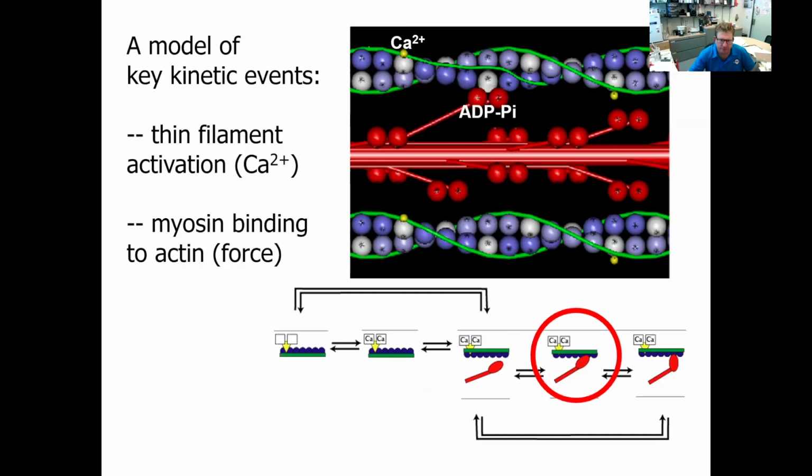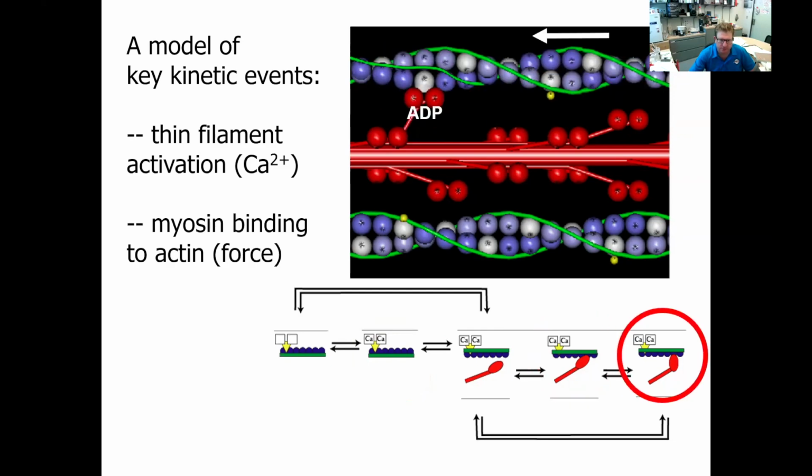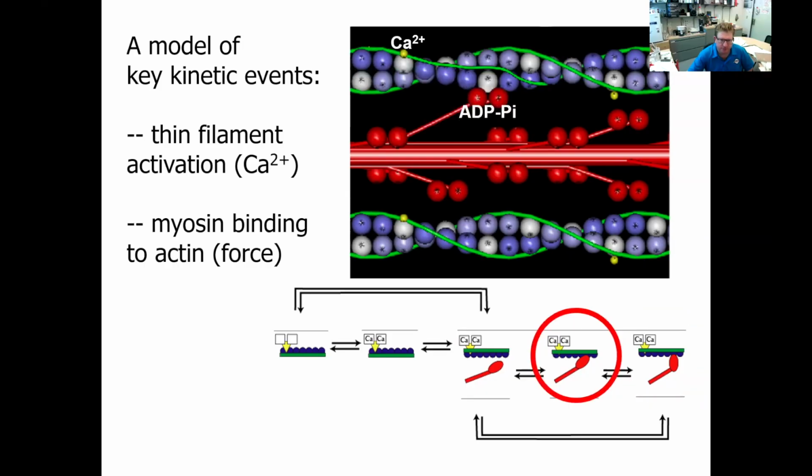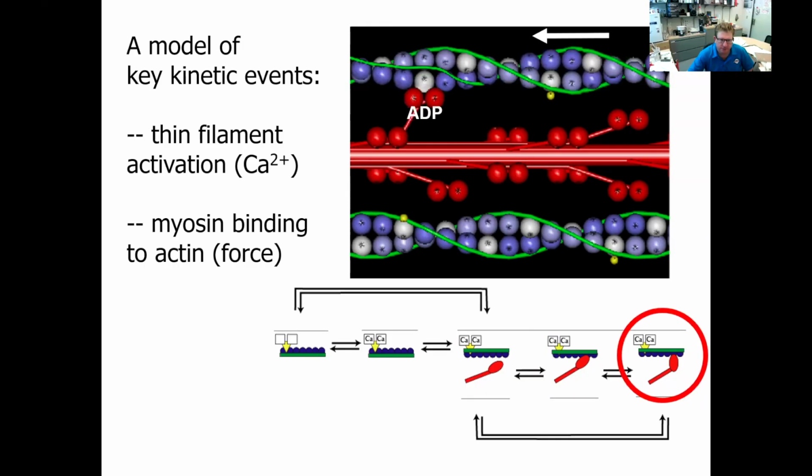Then as the cross bridges bind, they go through a power stroke where the neck transition changes as phosphate is released. Then the ADP dissociates into the rigor state, and then ATP comes on for hydrolysis, and all that starts all over again. But we're actually trying to model some of the implications of what's going on as these filaments are rearranging, and one cross bridge is pulling on another cross bridge, or pulling on a filament, and how that affects the system response.